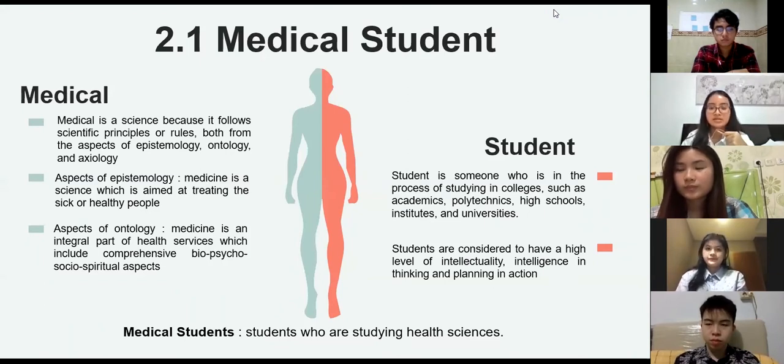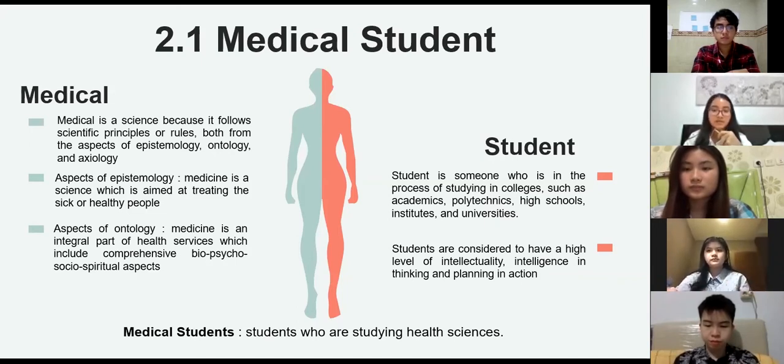Medical student consists of two words, that's medical and a student. Basically, medical is a science because it follows scientific principles or rules, both from the aspect of epistemology, ontology, and axiology. If we see from the aspect of epistemology, medicine is a science that is aimed at treating the sick or healthy people, but is not just taking care of it normally.